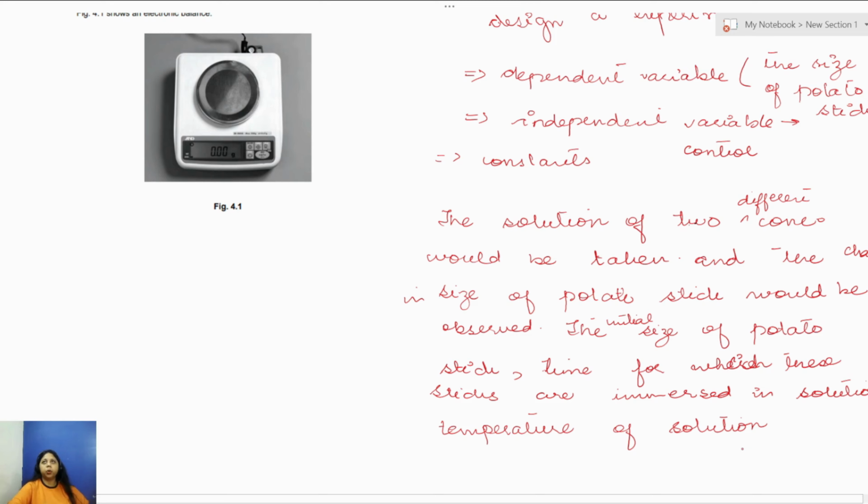There was a question related to it: why can you not observe osmosis in boiled carrot sticks?